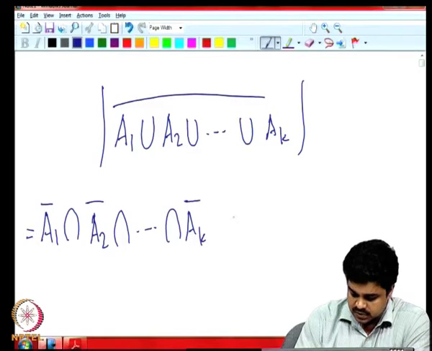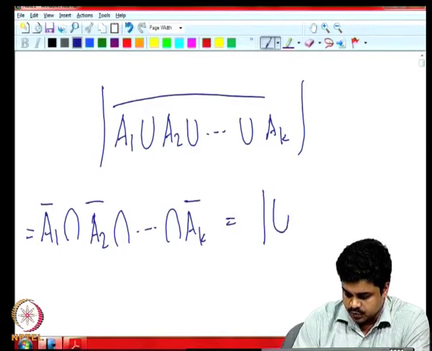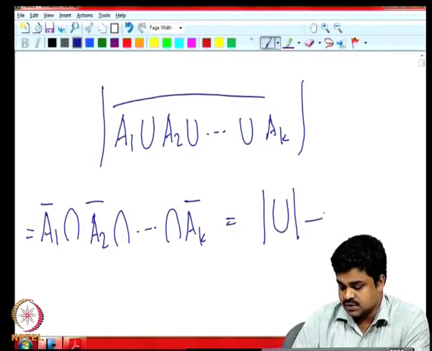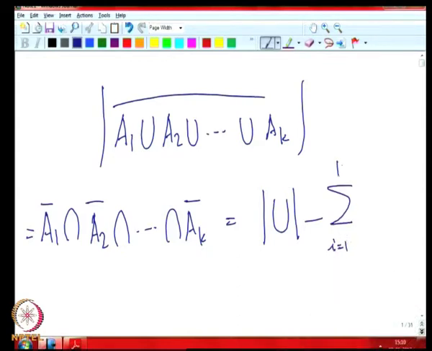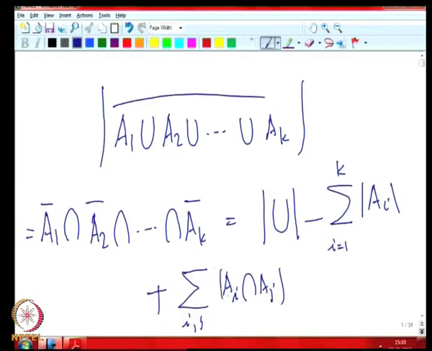This is the cardinality of U minus sigma i equal to 1 to K of the cardinality of A_i, plus sigma for every pair i, j of the cardinalities of A_i intersection A_j, and minus, like that we had written the formula.